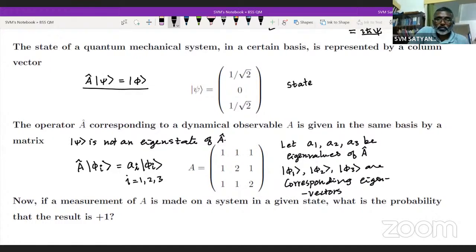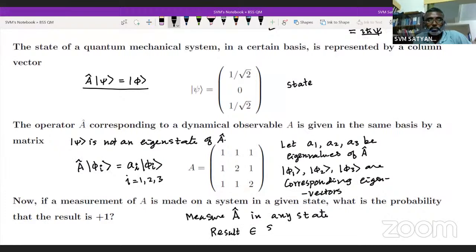Now, quantum mechanics tells us that if you measure A in any state, the result belongs to this set A1, A2, A3.